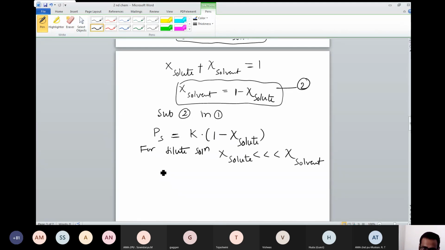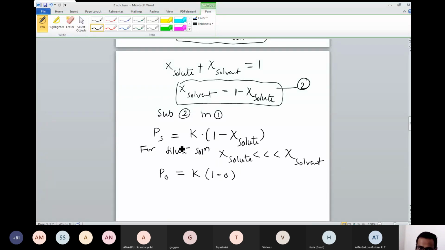Certainly, PS will become P naught. Then P naught is equal to K into, this is almost 1 minus 0, because this mole fraction of solute is very less, so it is negligible. Negligible means something like 0.0001, so almost 0.